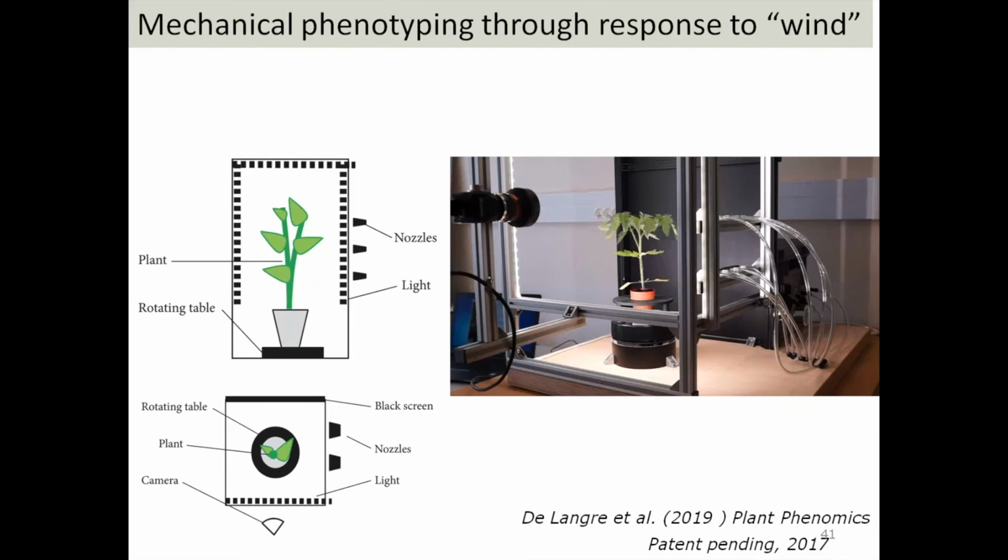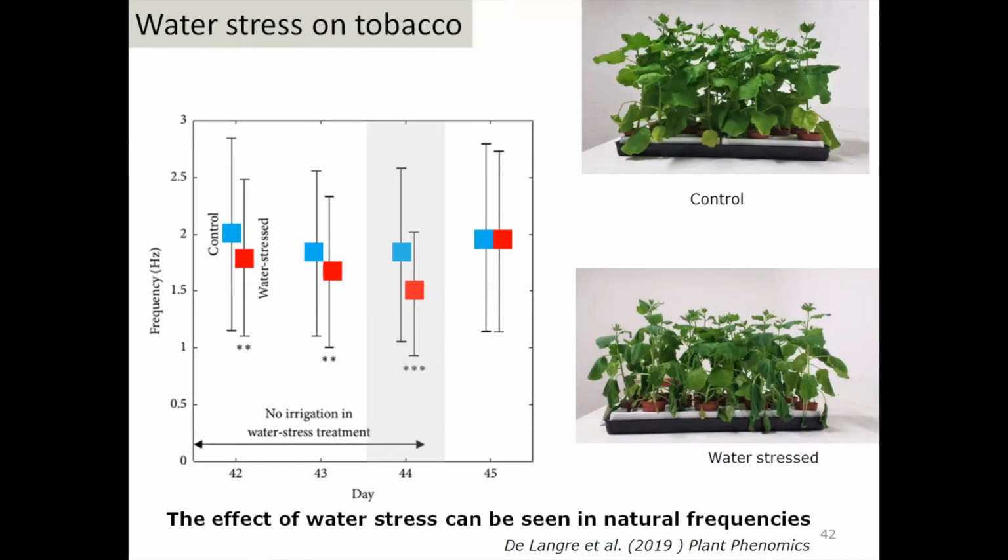And just by the optical measure, the same that we had for the large tree, you can, of course, almost in real time, get the frequency of oscillation of the plant. And when you use that to study the mechanical evolution of plants, you get some data which you would not get otherwise.